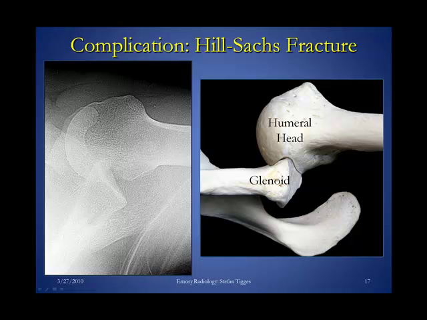One more thing I want to emphasize about this case, you can see that the humeral head is actually smashed into the glenoid process, and I've illustrated that on the image there on the right, where we photoshopped in an impaction fracture of the humeral head. This type of fracture that occurs secondary to an anterior dislocation is called a Hill-Sachs fracture. So this is a potential complication, one of the associations that you need to know about in patients who have anterior dislocations.